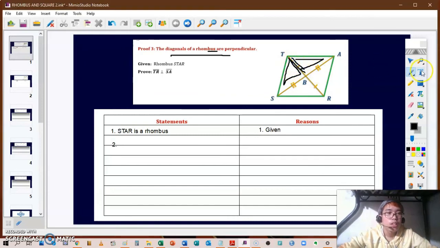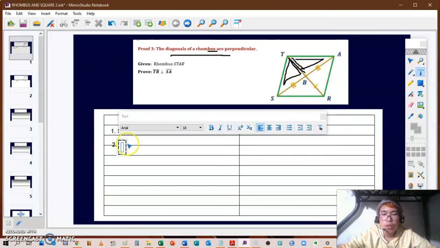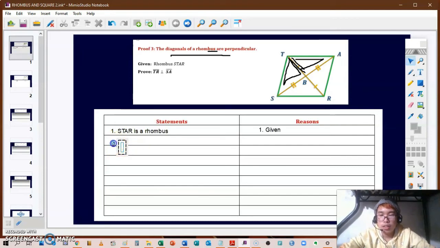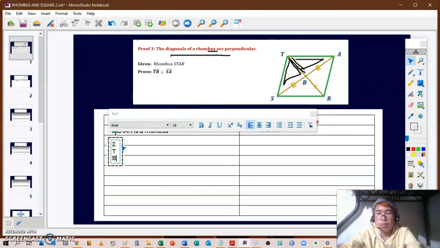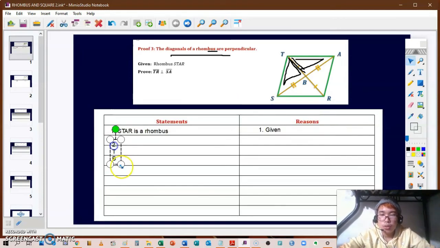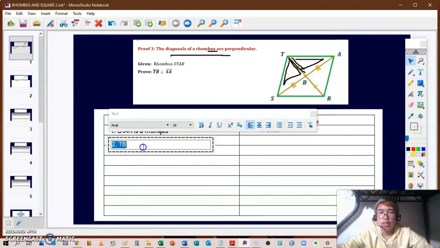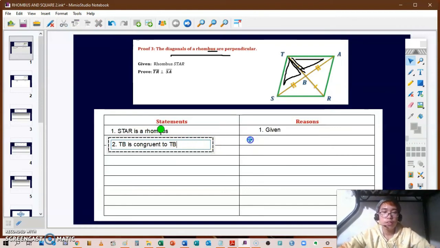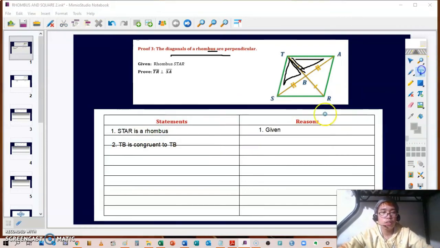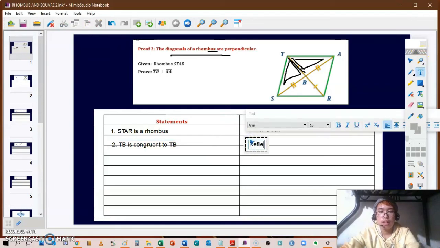So we write here number 2: TB is congruent to TB. The reason for that is the reflexive property of congruence.